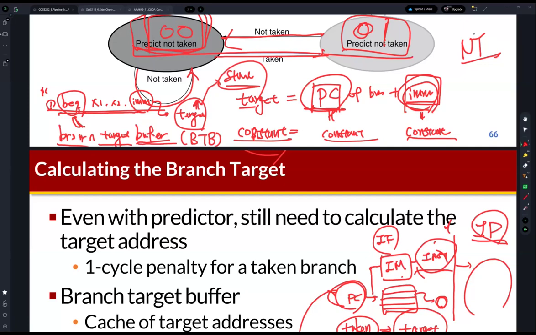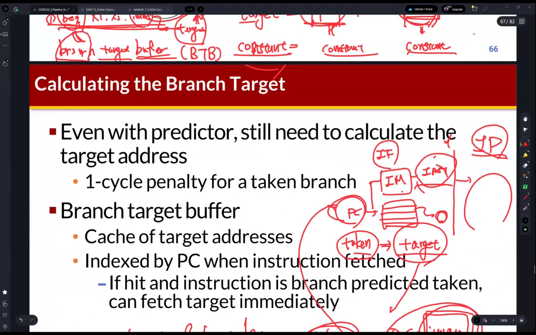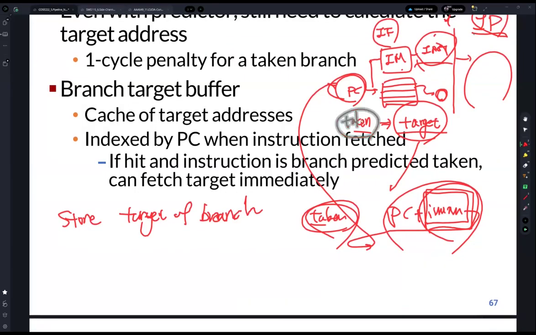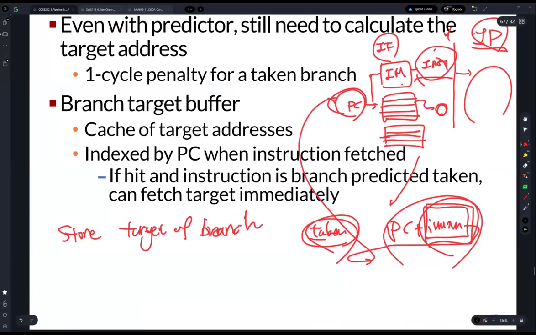Because the target of a branch instruction is constant, once the branch instruction is executed, we can store its target. After that, if the branch is repeatedly executed, we can just use this target value. So the branch target is stored in the BTB, the branch target buffer.